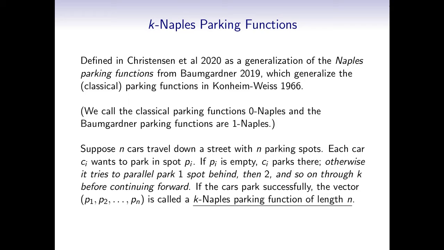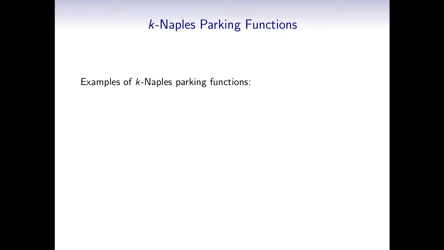As it comes in, it tries to park in that spot, and if it's empty, it parks there. Otherwise, it tries to parallel park up to k times behind it. And then it continues forward and sees if there's any spots in front of it that are open. If all the cars park successfully, the vector of parking preferences for each car is called a k-Naples parking function of length n.